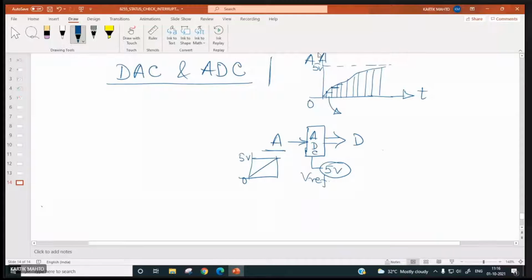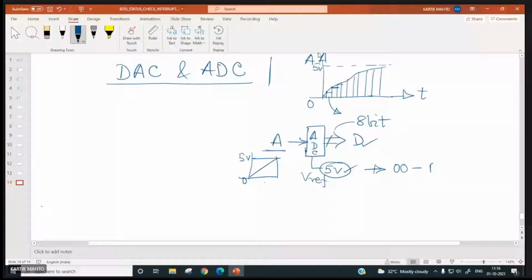Based on this, to know what you are going to get as digital, you have to know how many bits are there in the digital. If I say it's an 8-bit digital output, then my conversion is going to be in terms of 00 to FF. Is it clear?